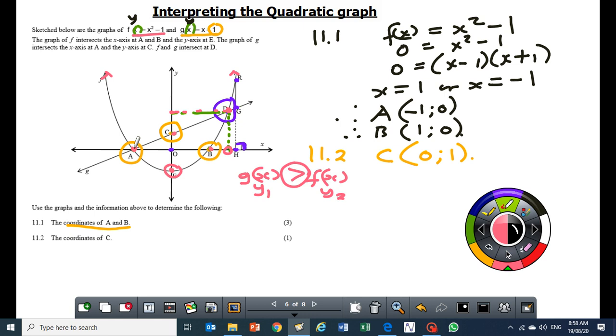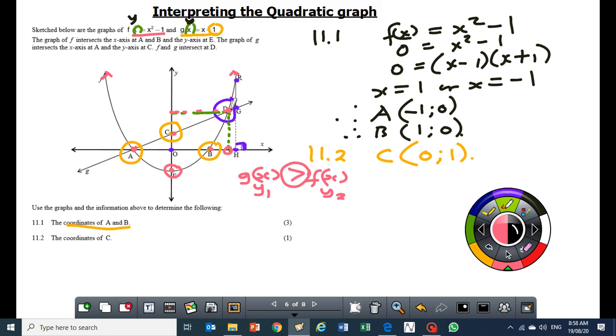So our answer will be, what is the value of x here? It's -1. We got it there. What is the value of x here?